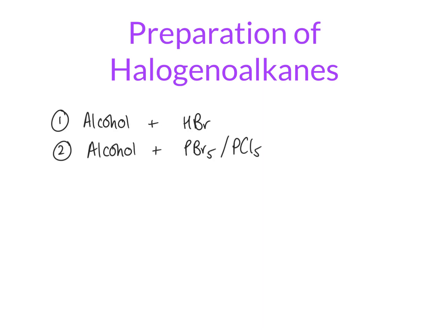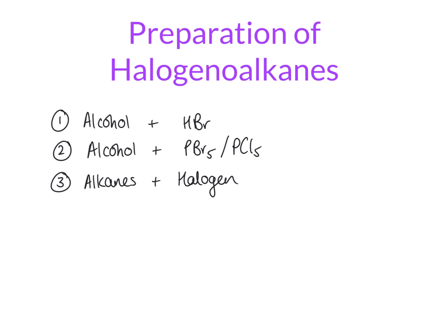Secondly, we can react the corresponding alcohol with phosphorus pentabromide or phosphorus pentachloride to produce the corresponding halogenoalkane. But as we talked about in this video, this results in poor yields. It is a method of preparing halogenoalkanes, but not often used because it has quite poor yields.